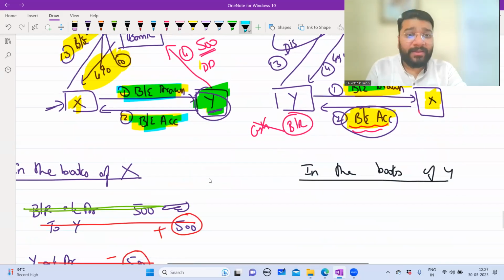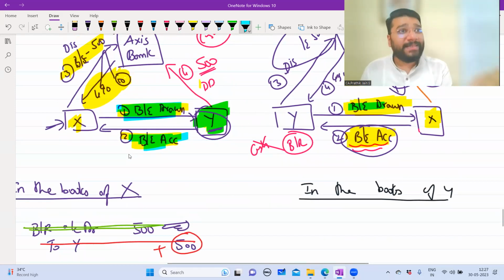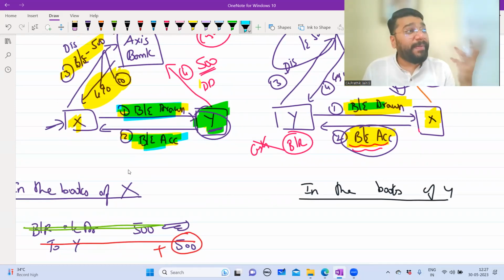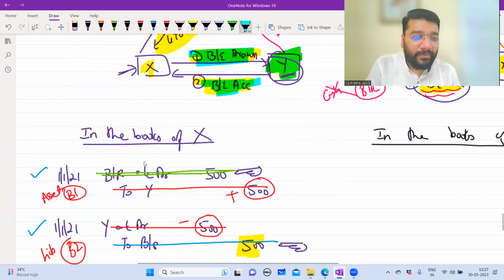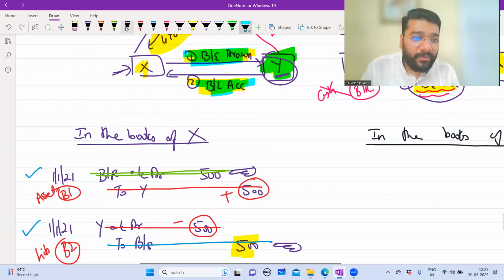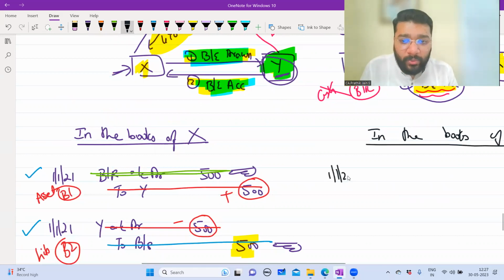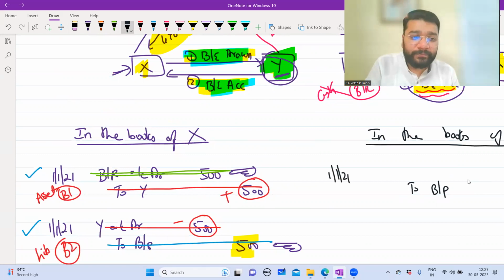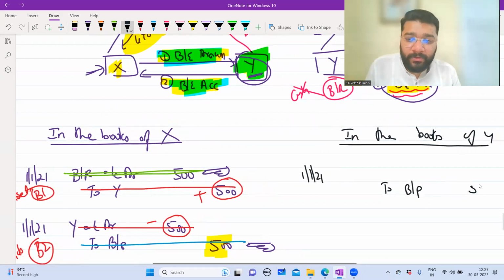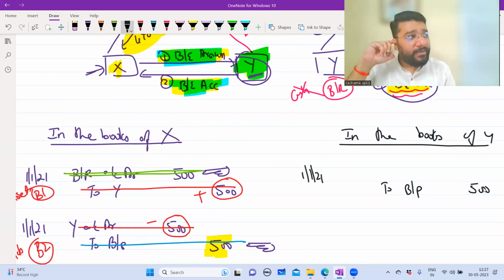Receivable? Y is giving the acceptance, so for him it is payable. It's a bill payable for Y. So on 1/1/21, Bills Payable, how much? 500 rupees. Bills payable is 500. This bill, Y will make payment to whom?